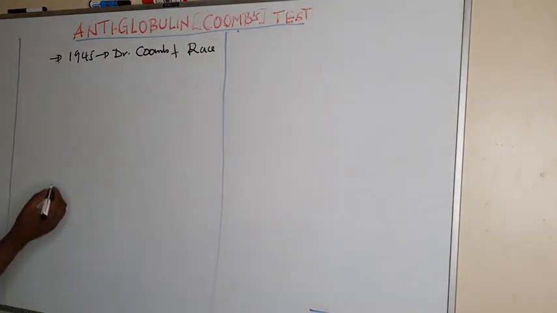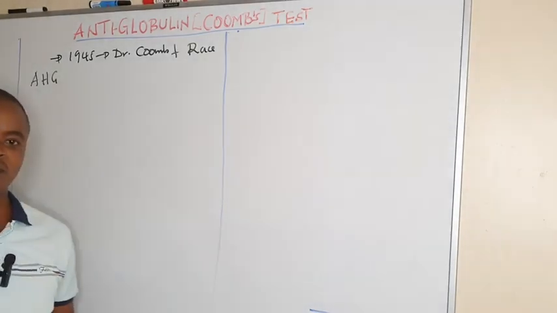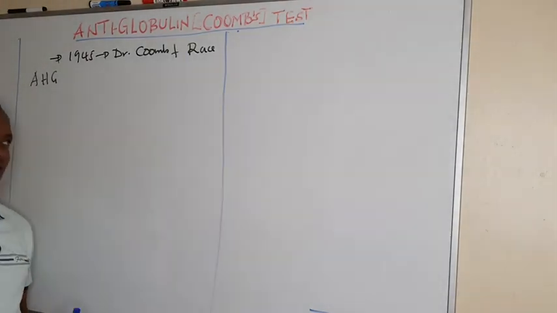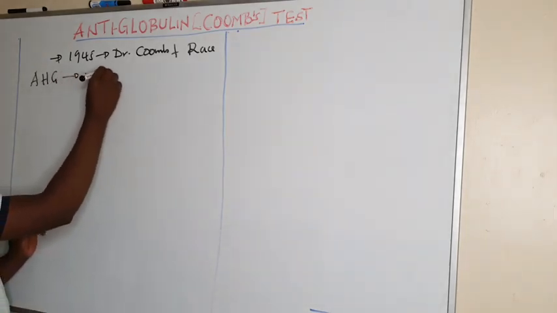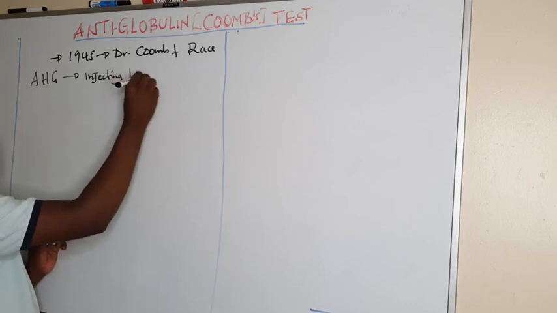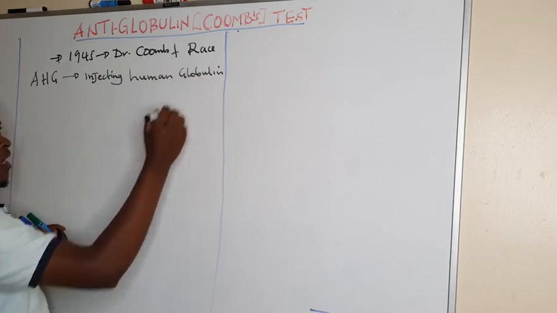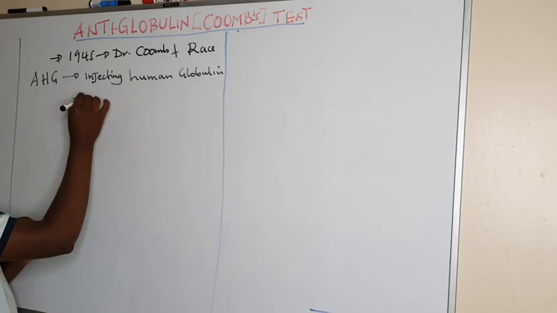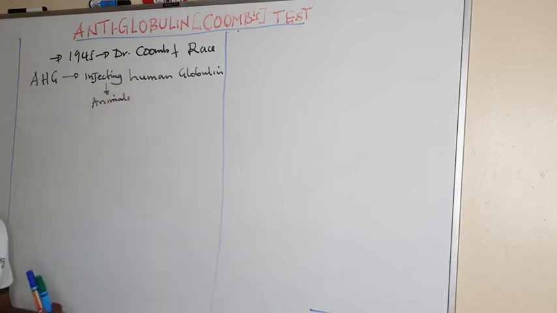This test, the anti-human globulin test, uses anti-human globulin reagent. This reagent is obtained by injecting human globulins into animals like rats, mice, and rabbits.